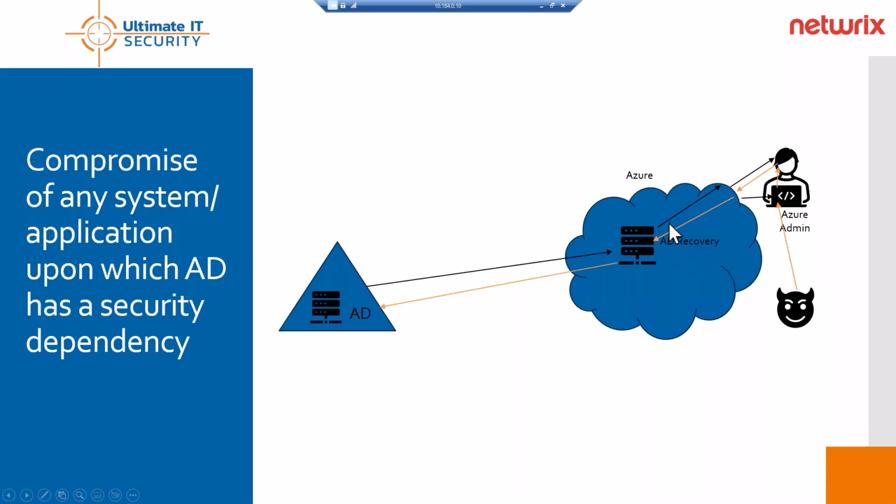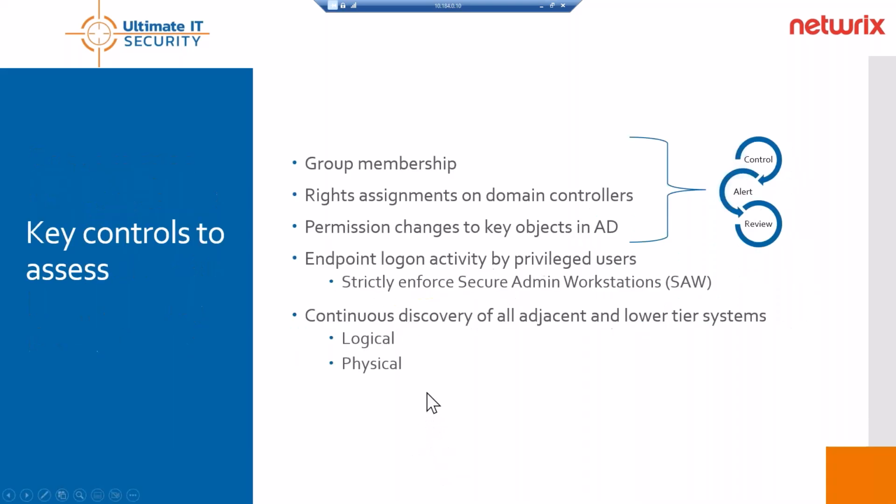Having compromised that, they can then compromise any objects, any resources running within it, such as this virtual machine where AD recovery is running. And since AD recovery has admin authority down here to Active Directory on-prem, why now we've compromised Active Directory. So that's security dependencies for you.